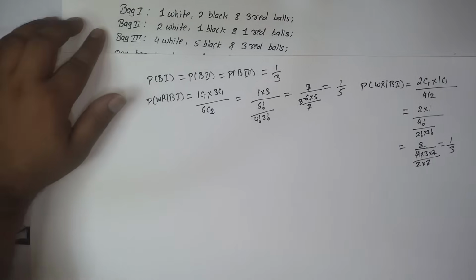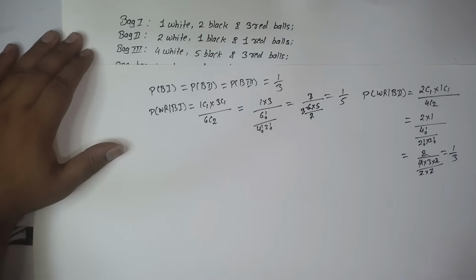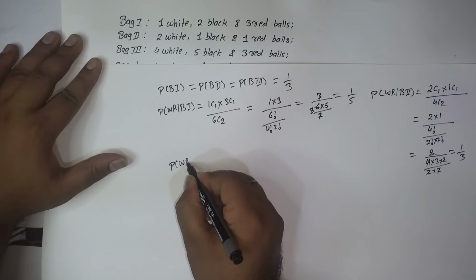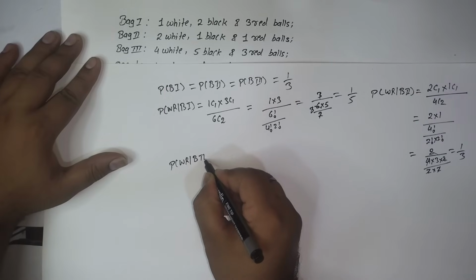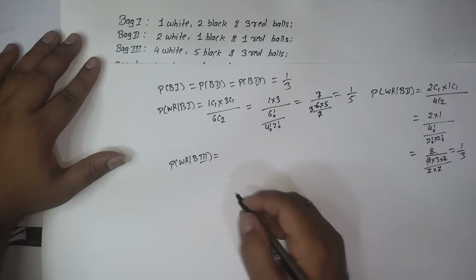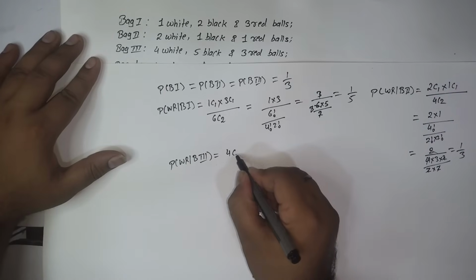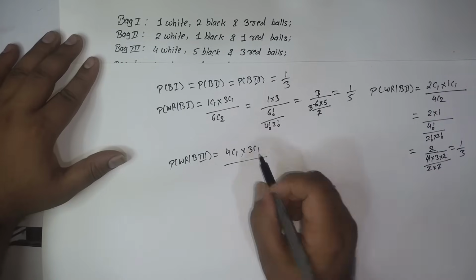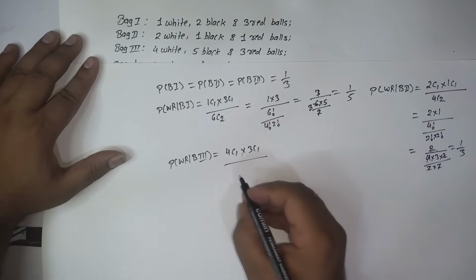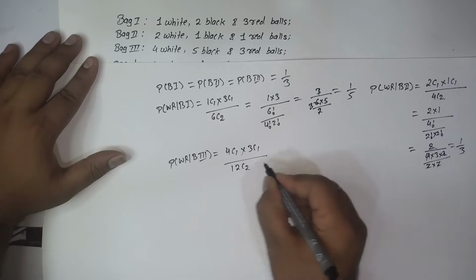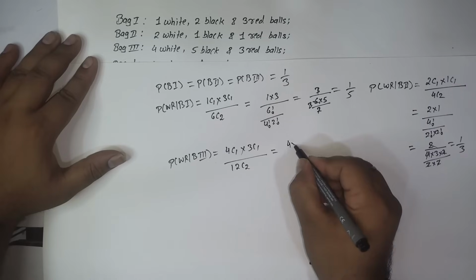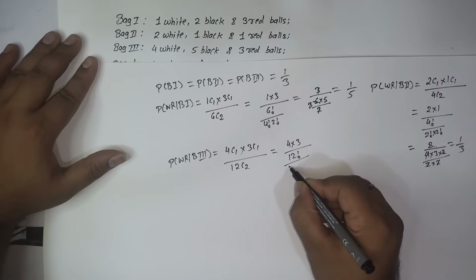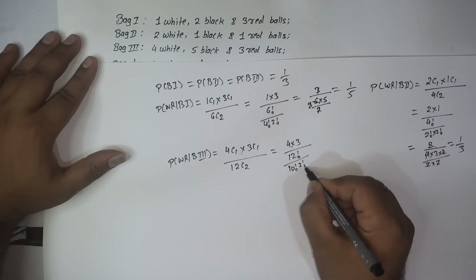Now let's see for the third bag. Probability of white and red given third bag will be, there are 4 white balls, so 4C1 into 3C1. There are total 4 plus 5, 9, 9 plus 3, 12 balls, 12C2. So 4 into 3 divided by 12 factorial, 10 factorial, 2 factorial.